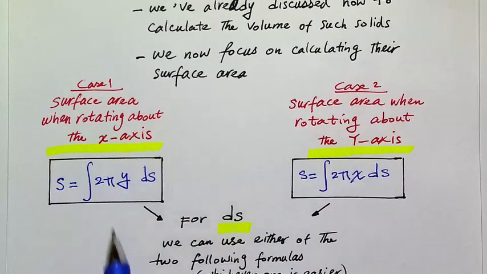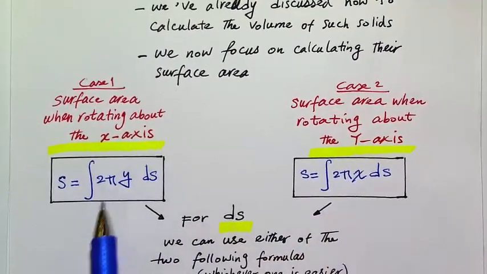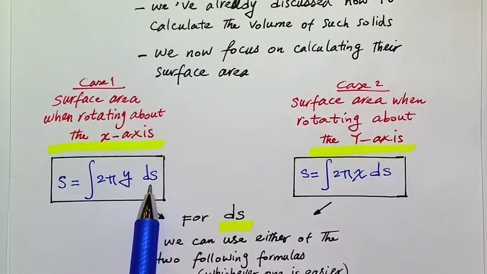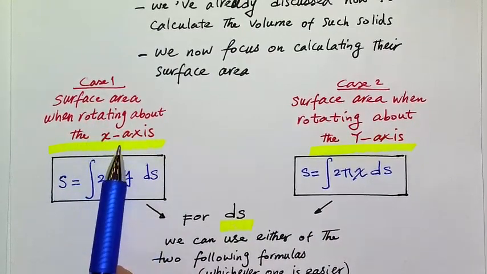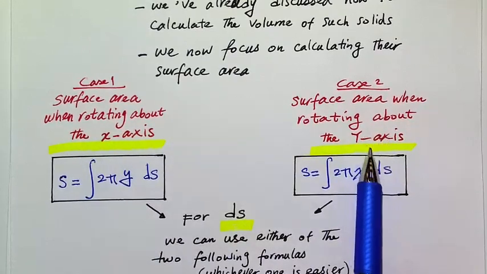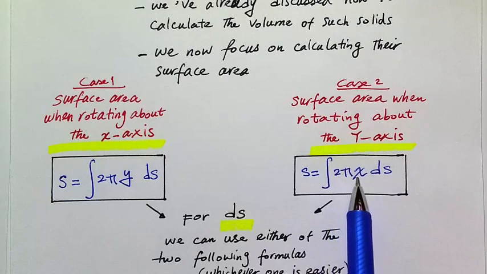I try to match my notation to what your book has, but these are both definite integrals, so we will have limits here. 2 pi y ds, and that's if the rotation is happening about the x-axis. If the rotation is happening about the y-axis, we will have the integral of 2 pi x ds.